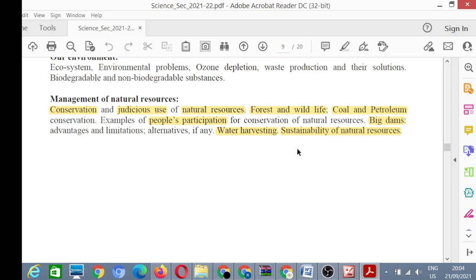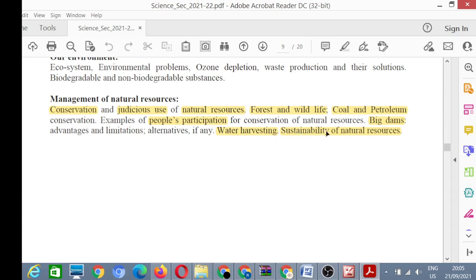Now what are resources? Forests, then wildlife, these are also resources. Then coal, then petrol, petroleum. Then we have conservation. Then examples of people's participation, for example, Chipko movement.